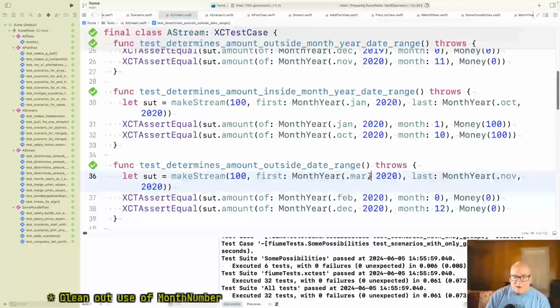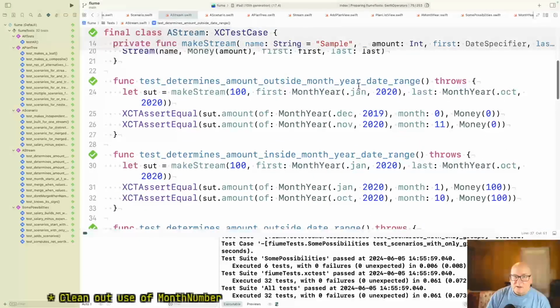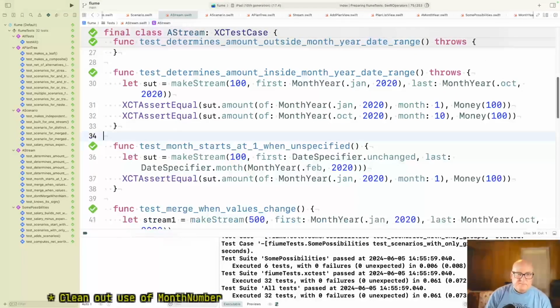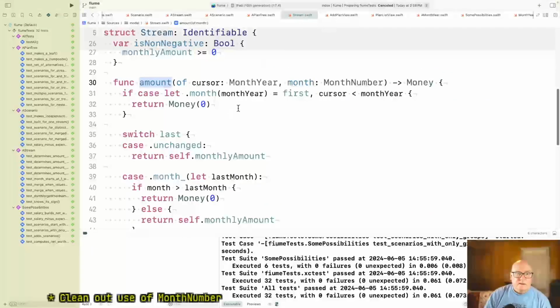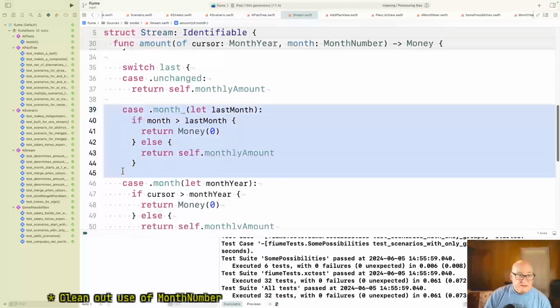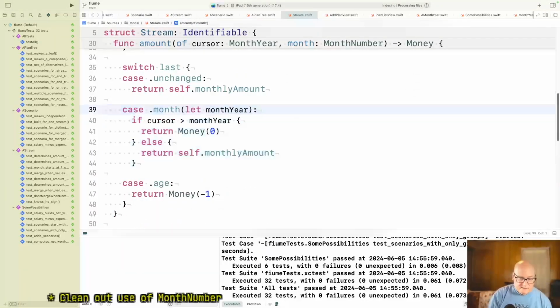Well, it's March and we're saying look at February, and look at December. This one is January and it's looking at December. Yeah, it's the same test. Okay, stream again. So I took out the month underscore one. Now if I take out this one, it must be exhaustive.